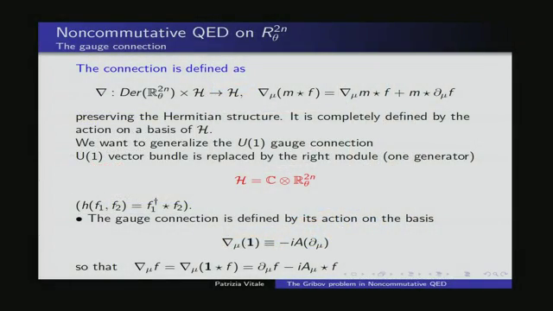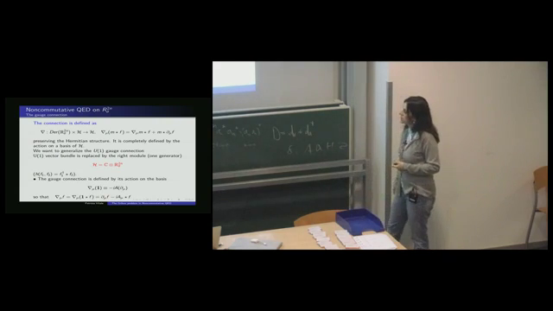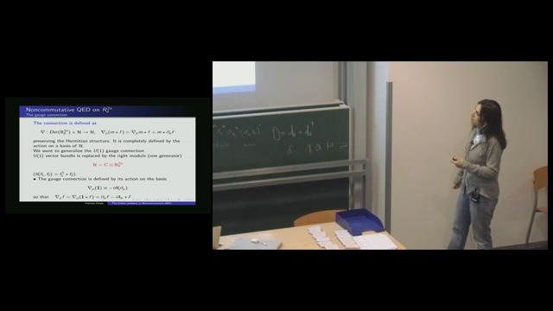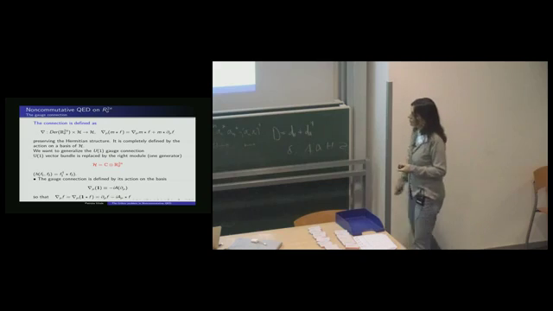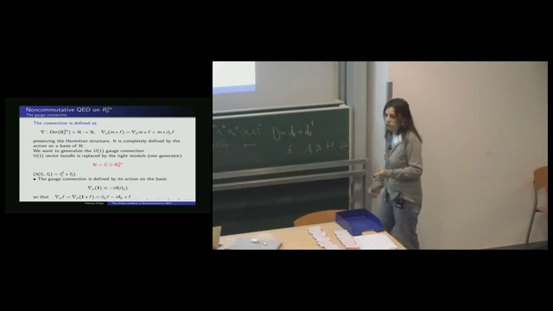And then the gauge connection is defined by its action on the single generator of my module. It is this object here. And by using this relation here, I obtain its action on this module. So A mu is the gauge connection one-form.